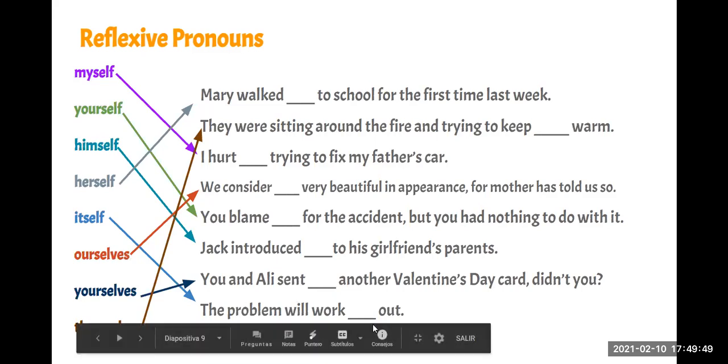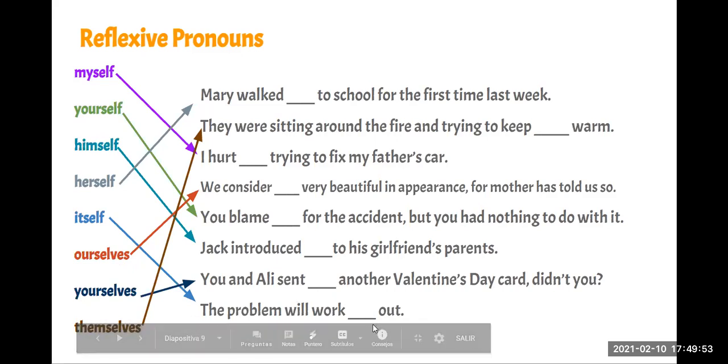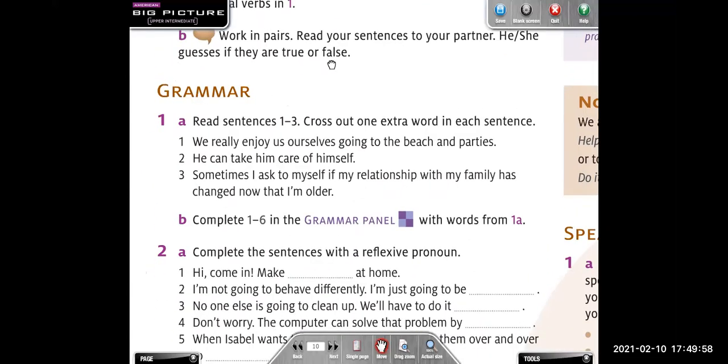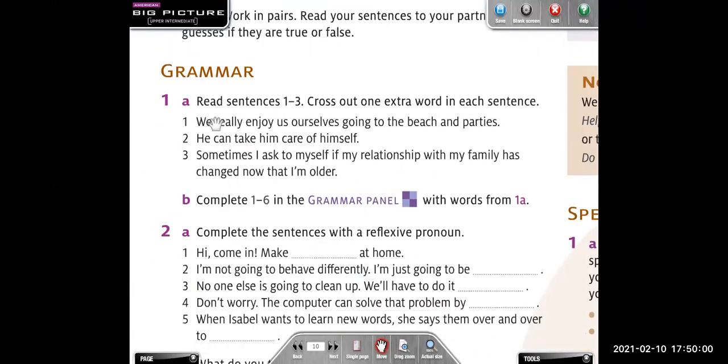Okay, good. So let's do it in your book. Here we have some sentences. It says, read sentences 1 to 3 and cross out one extra word in each sentence. So please, I want you to read the sentences.